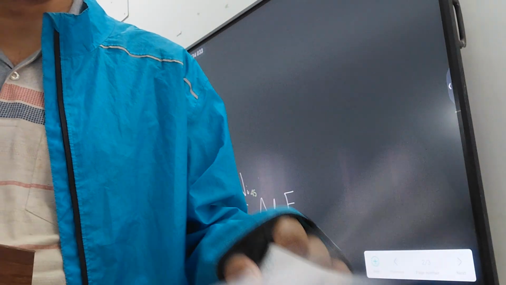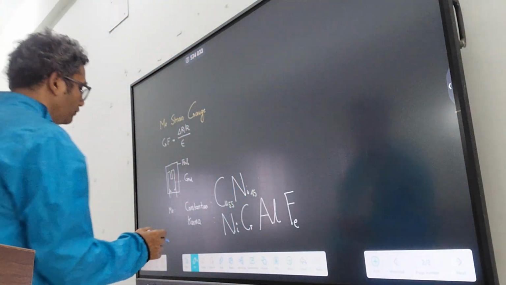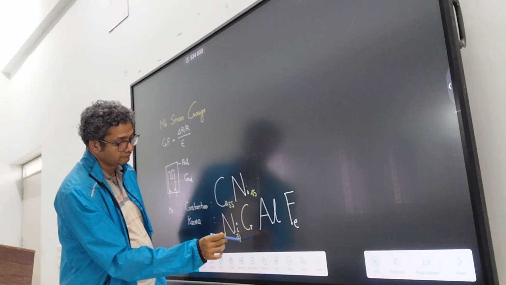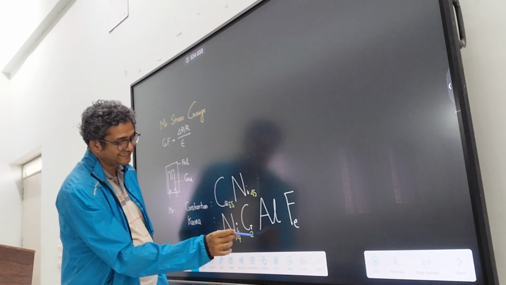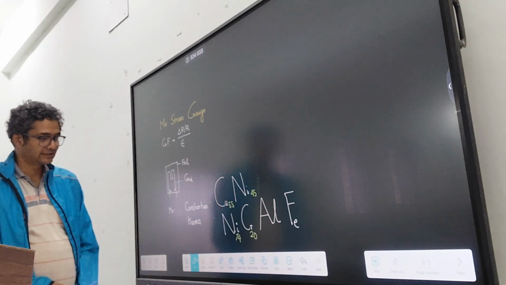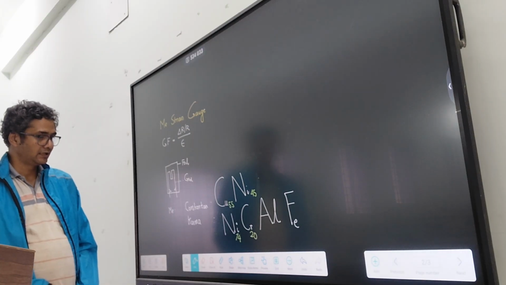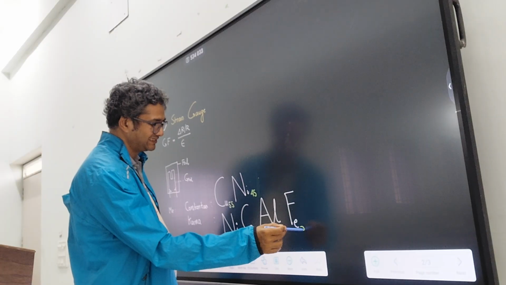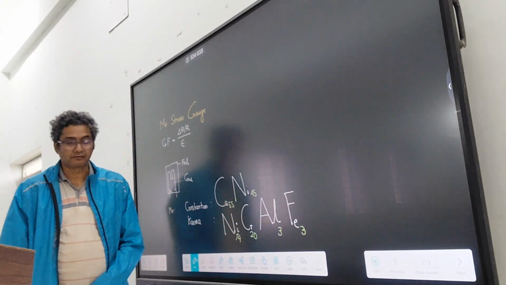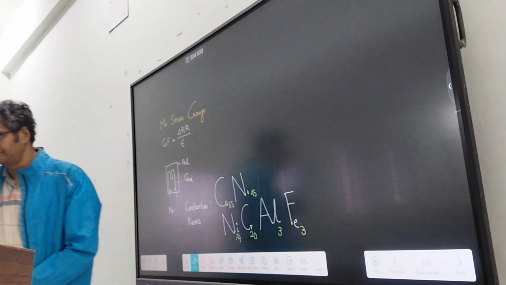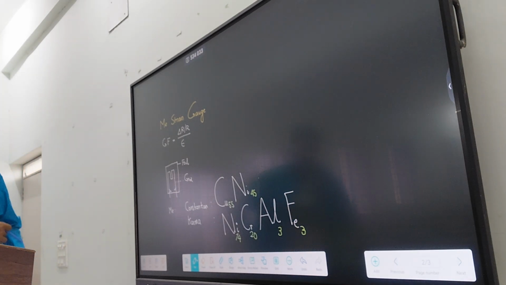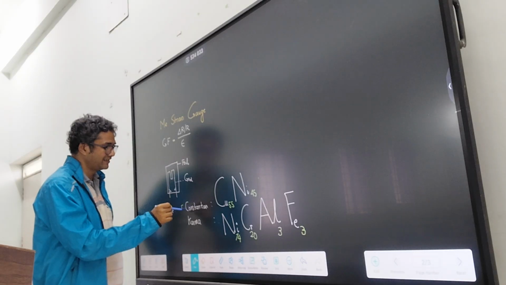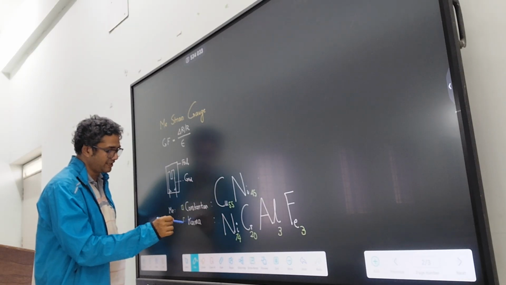It's 74, right, 74, 20, 3, 3, total 100. So these are the two alloys which are used to make metallic strain gauges.